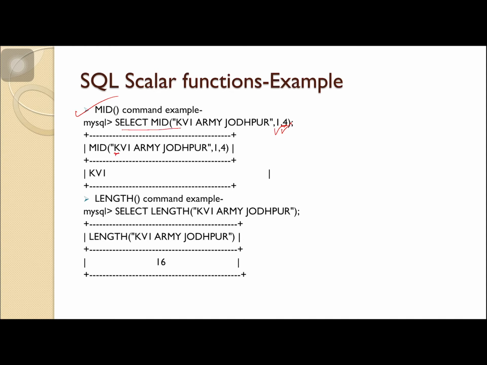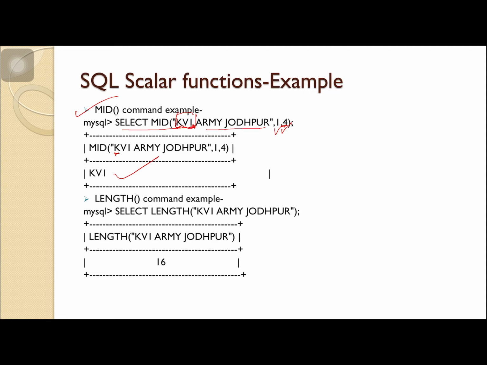K. I have written the command select mid KV1 Army Jodhpur, comma 1, comma 4. 1 means pick the string from the first position up to the fourth position. First position is K, second is V, third is 1, and fourth is a space. Space is also counted. So the extracted string will be KV1.